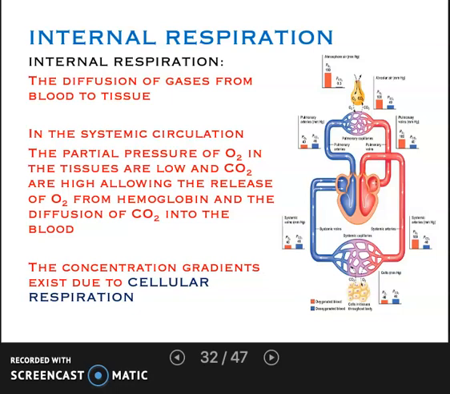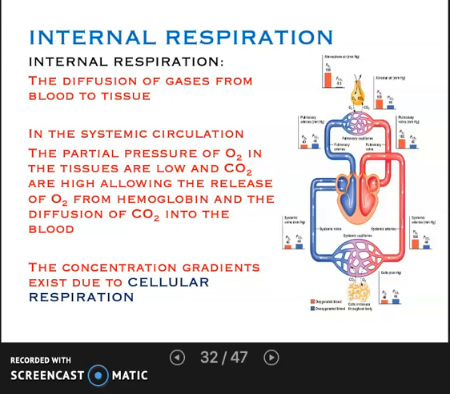Remember that it's all a function of the partial pressures of gases. When I breathe in, I've got oxygen-rich atmospheric air, with relatively low CO2 concentrations. And so O2 goes into the blood. The blood itself, though, has high concentrations of CO2 in the lungs, and so I have an exchange there.